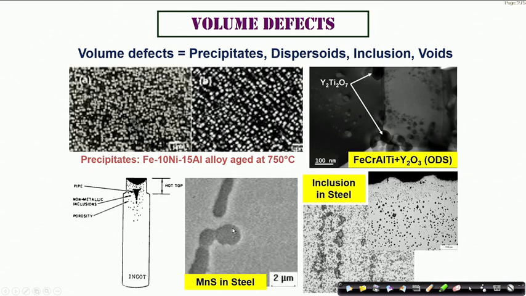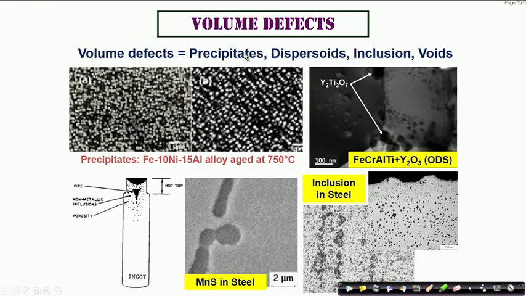But on the other hand, you can have inclusions, for example, manganese sulfide in steel. These inclusions are entities which have x, y, z dimensions, so they are three-dimensional. So these are inclusions, and hence these are undesirable. But in specific situations, we may actually desire to have certain three-dimensional defects in a crystal, like precipitates or externally added dispersoids.